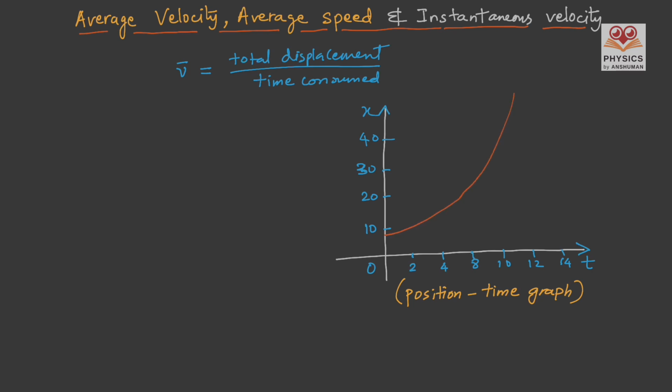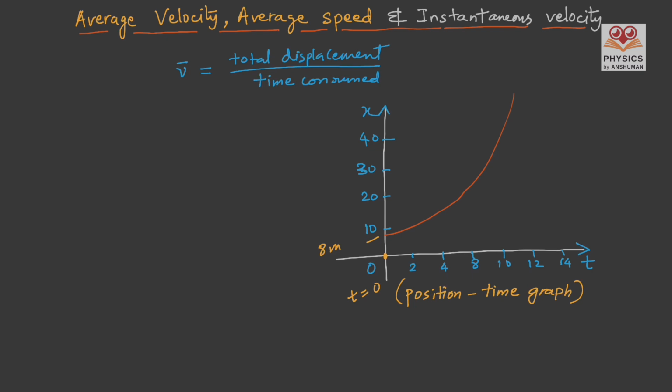Let us analyze the graph. At time t equal to 0, we see the position of the particle or the object is somewhere 8 meters from the origin of the reference frame.